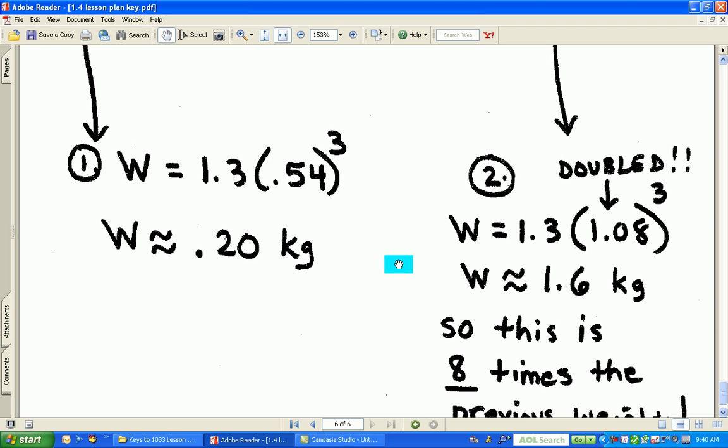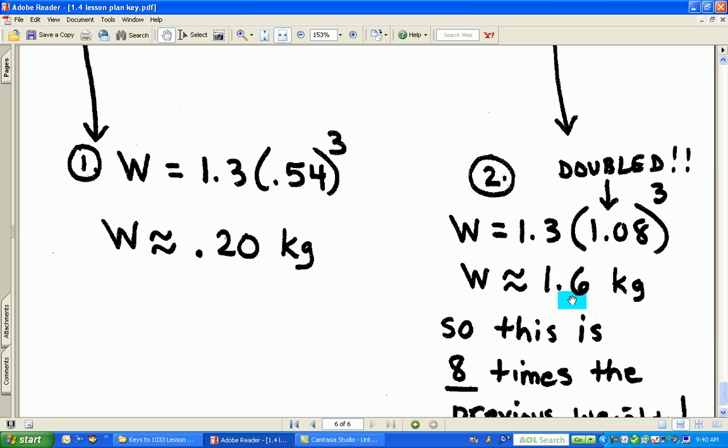How much bigger? Well, if you take 0.2 and you multiply it by 8, the new answer would be 1.6. So one way to see it is to just observe. Multiply by a factor of 8. Another way to do it on your calculator to get the correct answer is it's 8 times bigger. What's the new weight? Approximately 1.6. What was the old weight? Approximately 0.2.